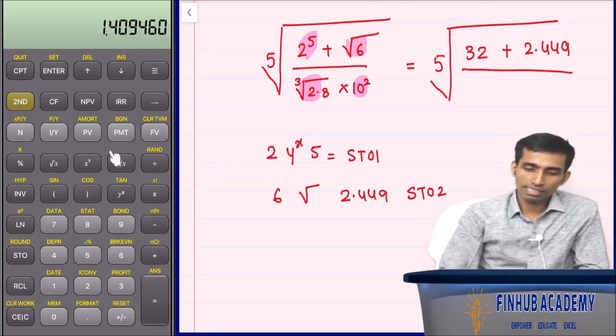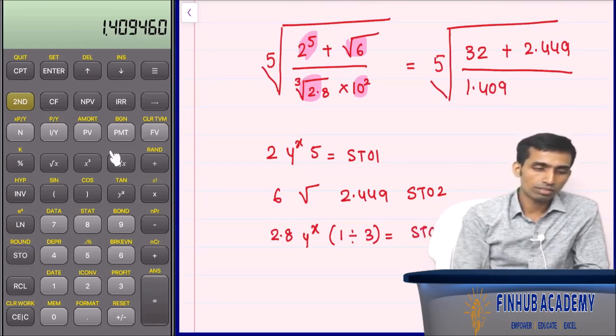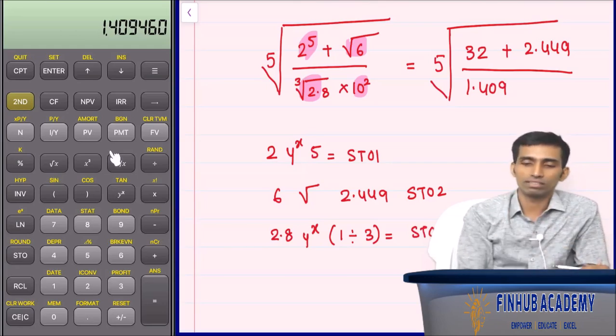I am getting 1.409 something. I'll press STO3. This is stored in third.